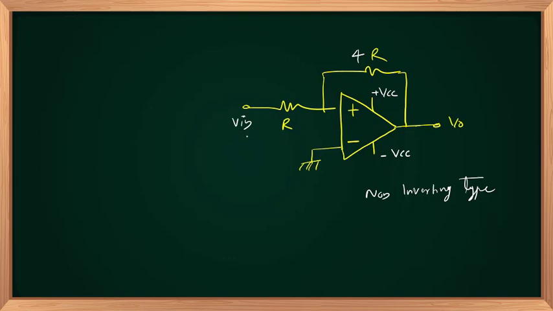So we will call it a non-inverting type switch trigger circuit. And we have taken different values for resistors compared to earlier cases, 4R and R. So let us try to plot the transfer characteristics of the given circuit.